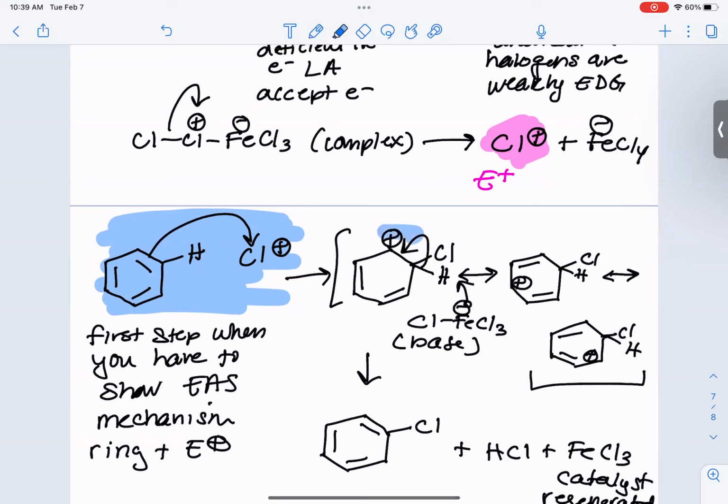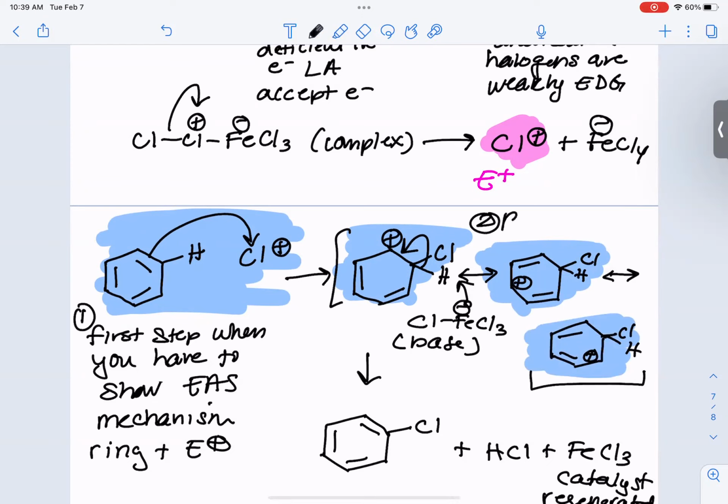Then what you're going to have to show is this resonance, and you have to show every resonance structure, because what we're going to see is, when we put substituents on the ring, sometimes we can go beyond these basic 3 structures. And if you have an electron donating group on the ring, it's going to behave differently than if we have an electron withdrawing group on the ring.